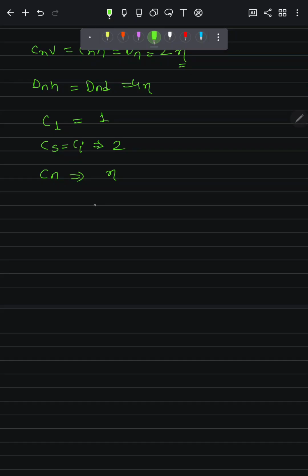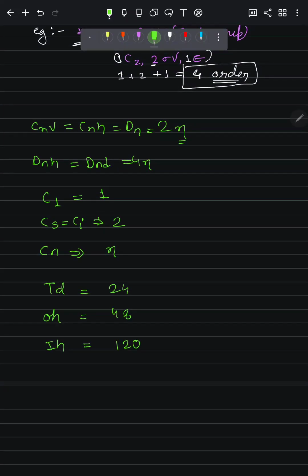If a tetrahedral point group is present, then the order is 24, if a molecule has octahedral, then it is 48, and if a molecule has icosahedral, then its order will be 120. So these are some important formulas for calculating the order of the point group.